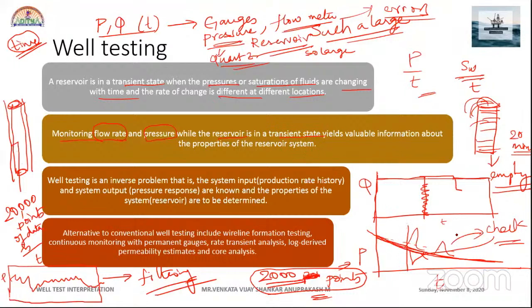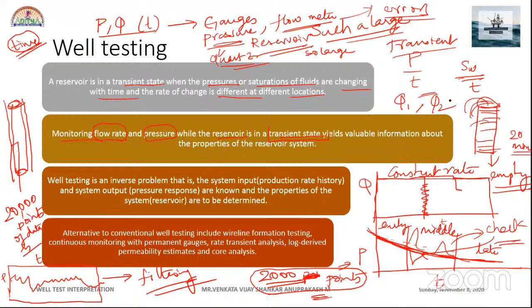There are regions: early region, middle region, and late. When you talk about this at a constant flow rate, we call that a transient. Why is it called a transient? Suppose you are taking the flow rate Q1, at which we'll be getting a pressure response of this kind. Suppose it is changed to Q2.